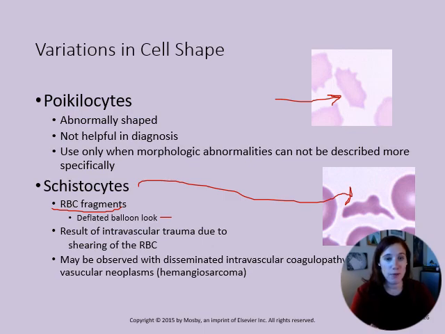They may be observed with DIC, or disseminated intravascular coagulopathy, or we could have potentially hemangiosarcoma, so that would be a type of vascular neoplasia or cancer. So schistocytes are not something you want to see. If you had a patient that presented with DIC, you did a blood smear, you will probably find these because we have intravascular red blood cell trauma occurring.